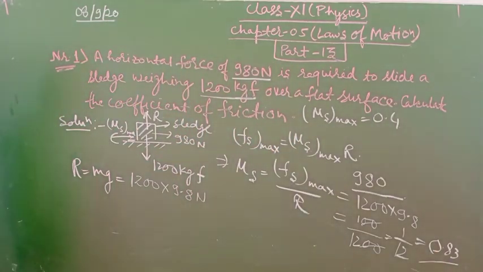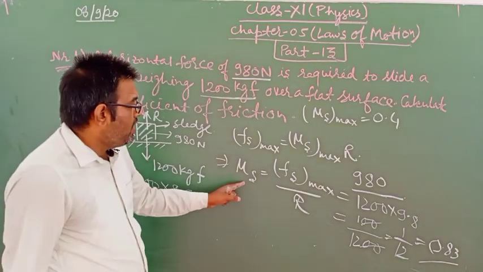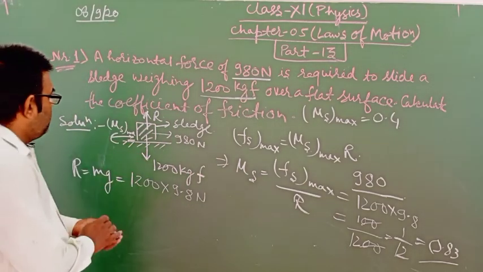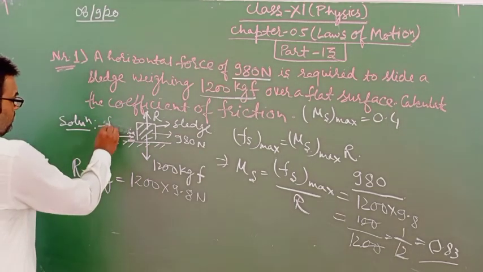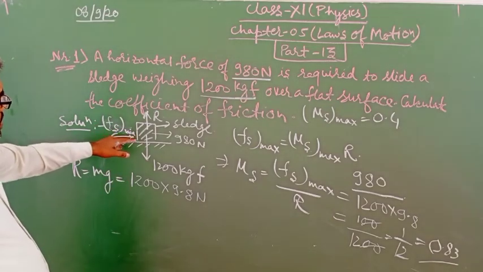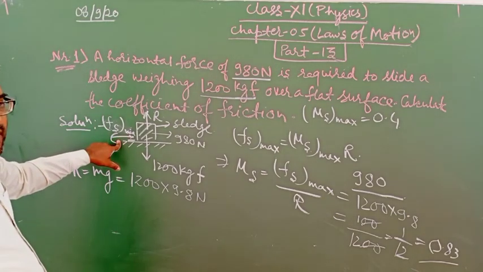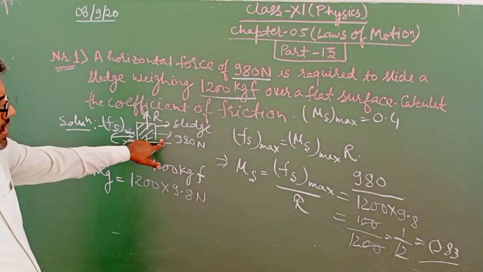So we have to calculate the value of Fs max, and mu s is equal to mu s max, the coefficient of friction. Mu s is equal to Fs max upon R. Look here, the value of Fs max for the limiting value of friction must be equal to 980 Newton.